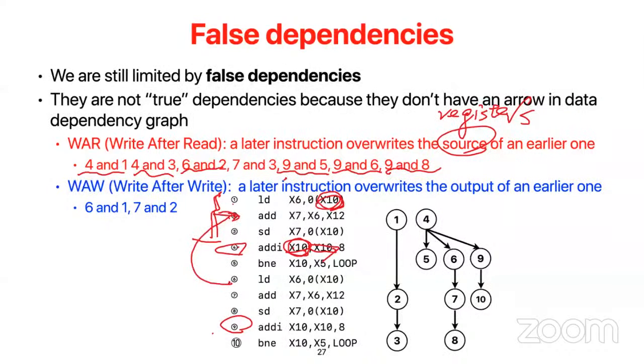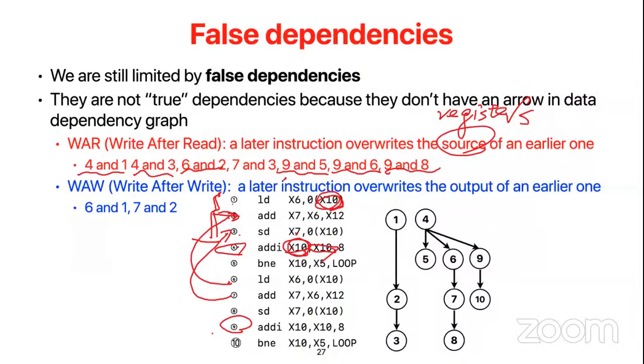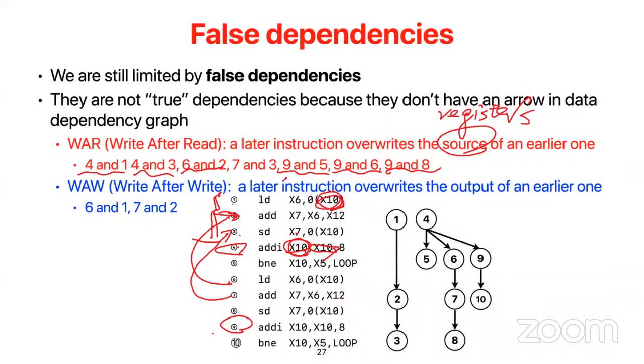Similarly, for instructions 7 and 3, if you try to add twice before the store, then X7 will not get the right value. The key thing here is that because of the sharing of registers, write after read causes an issue. And another case is write after write.